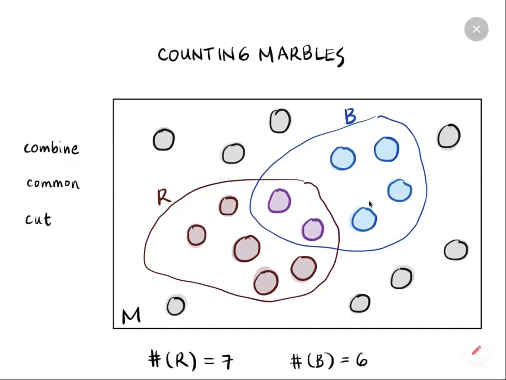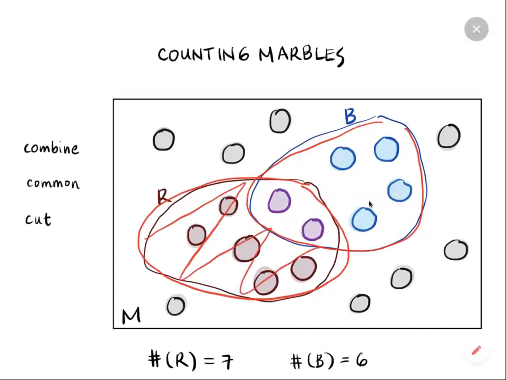For instance, if I have this set R and I cut the portion of B, then I'll end up with this region.